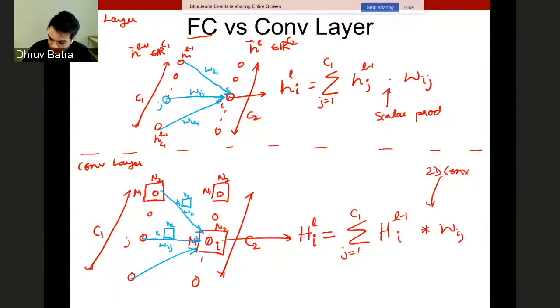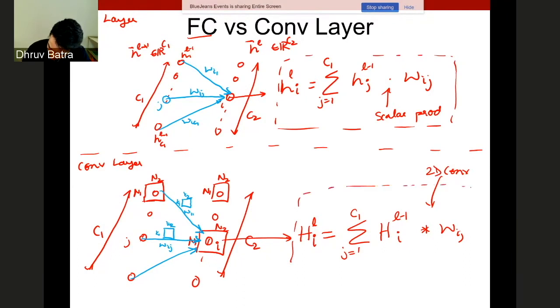Compare this equation, which computes H_i, to this equation, which computes H_i. There is a certain symmetry. That symmetry is, instead of multiplying and adding scalars, we are convolving and adding feature maps or matrices, right?